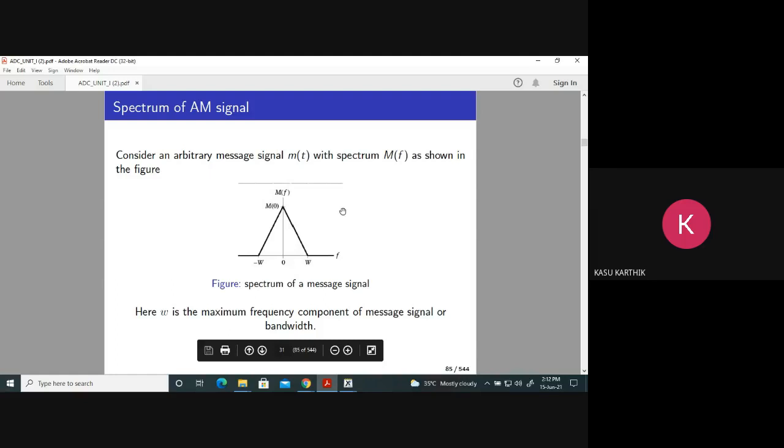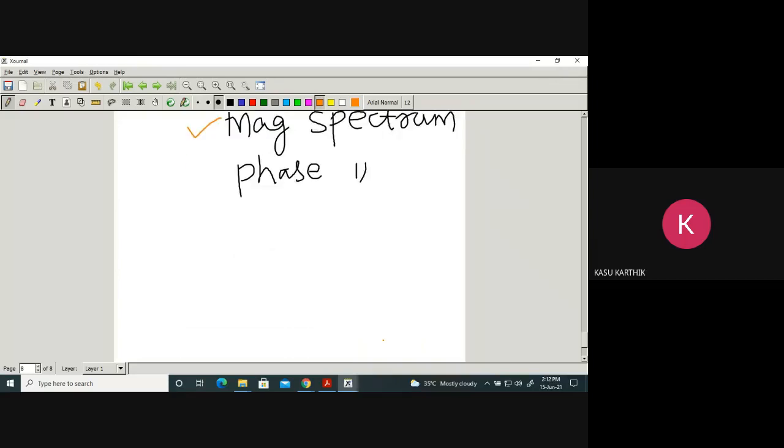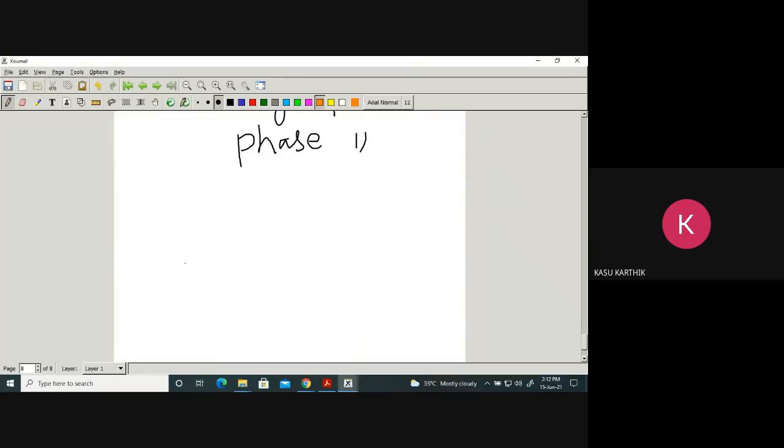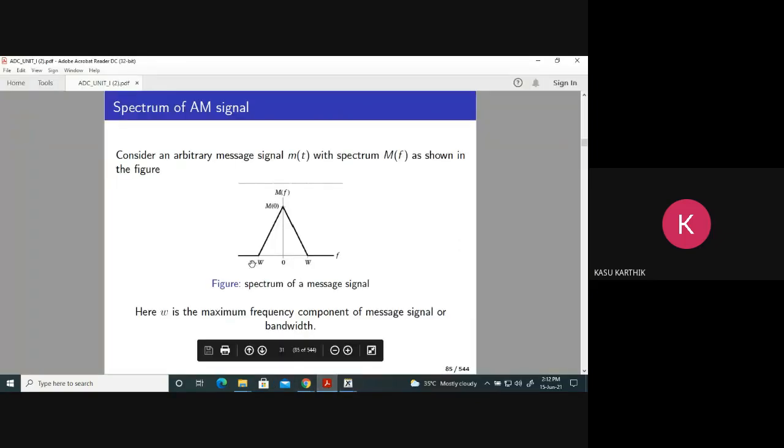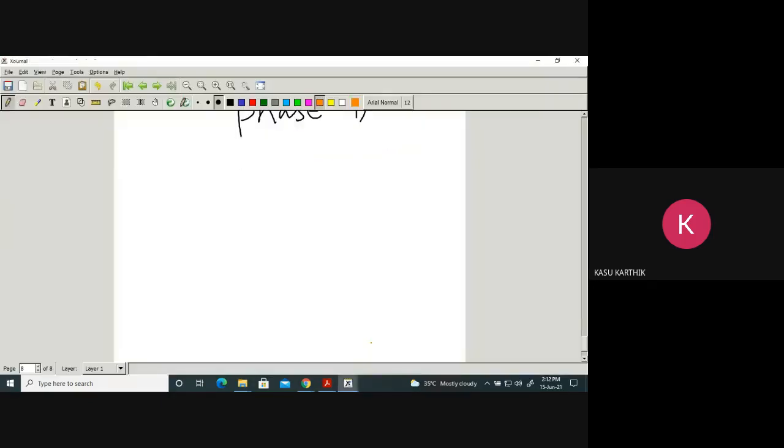So what is the bandwidth of this signal? Omega only, not 2 omega. Sometimes students take the highest frequency minus the lowest frequency, omega minus minus omega, giving 2 omega. No, you should never take negative frequencies.